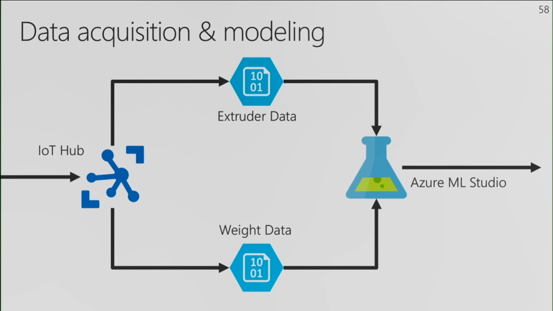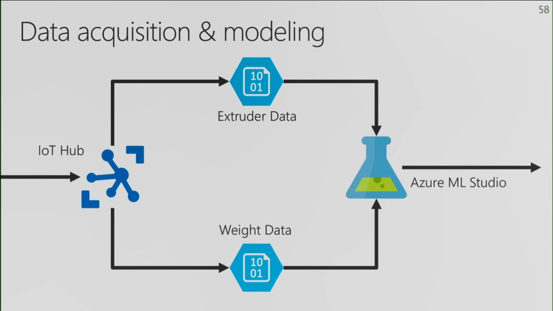So we connected the extruder device. It's a piece of manufacturing equipment connected to a manufacturing execution system that also had a weight measurement system, which was collecting weight on 15-minute intervals. It was a manual process of collecting weight, but that data was stored in a weight measurement system.